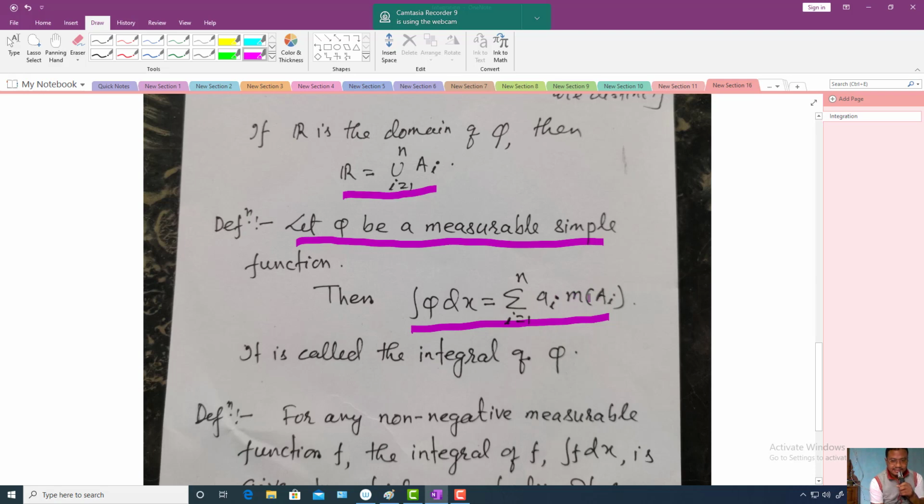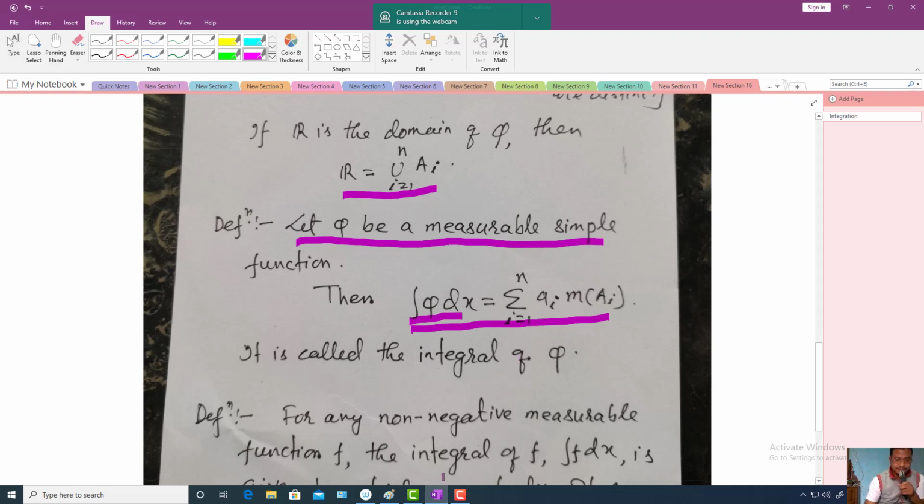Since this is a real number and this is a real number, their product is defined, their sum is also defined, so the integration is well defined. Let us go back to our knowledge of integration in lower classes, class 11 and 12, and see how this definition comes. That will make it more understandable.